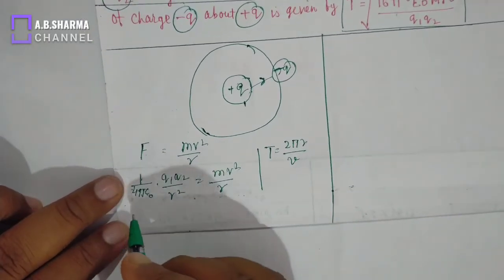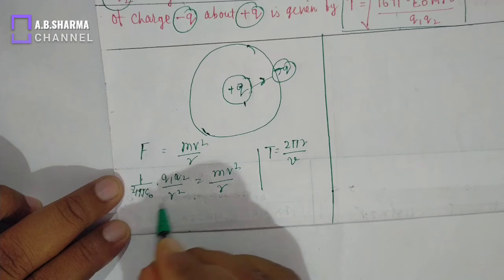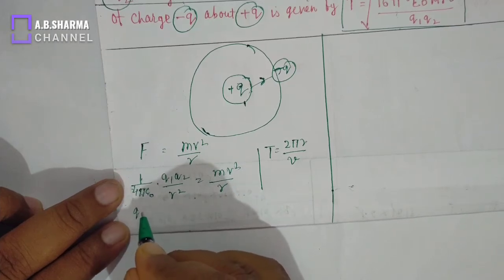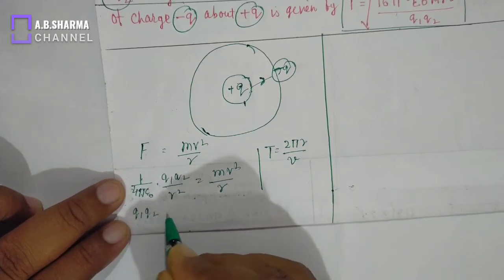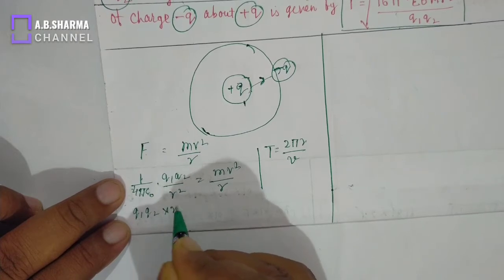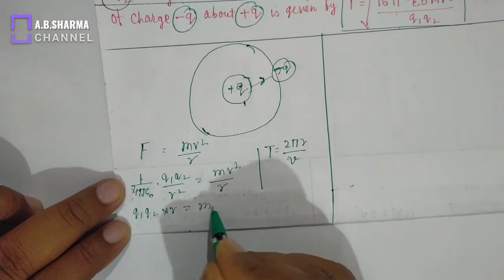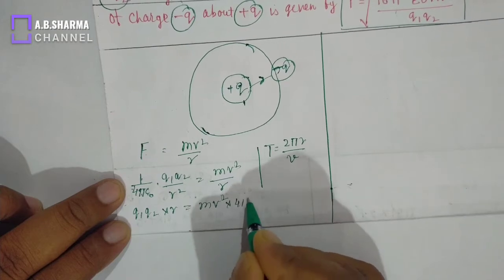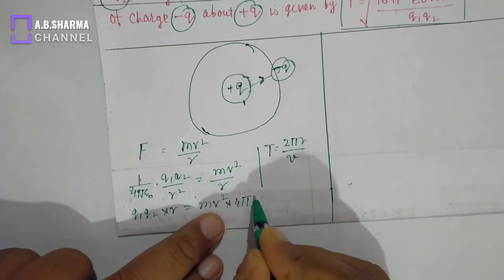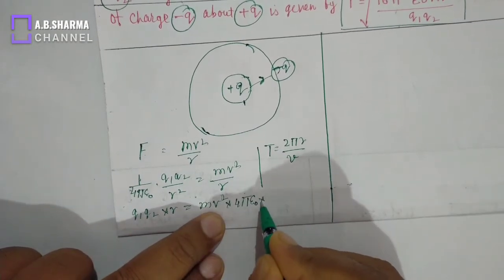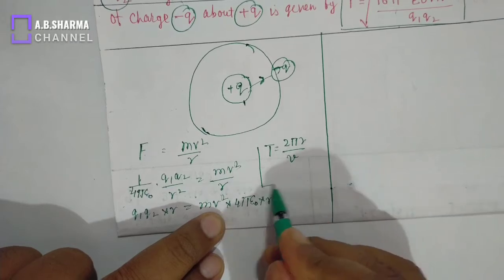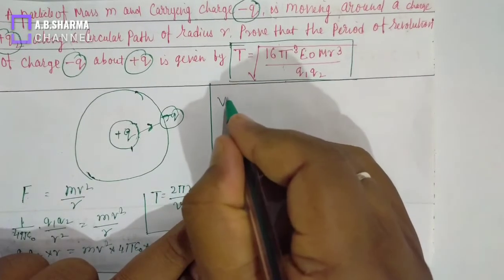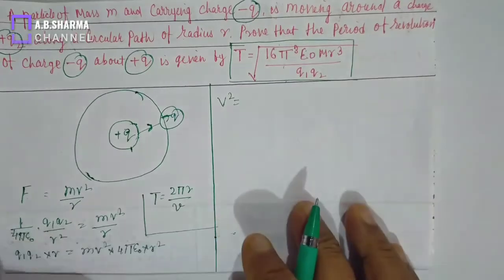So from this equation we will transpose and we will get q1 q2 into r equals mv square into 4 pi epsilon naught into r square.